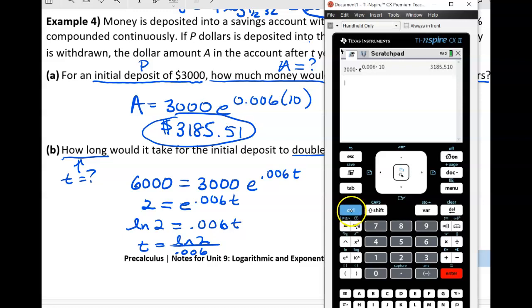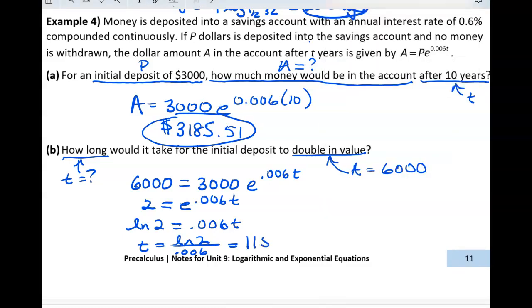So natural log is control E to the X. So natural log of 2, cursor outside of that parenthesis, and then divide by 0.006. Enter. And this is 115.525 years. So at that interest rate, I really don't hope to double my value in my lifetime.